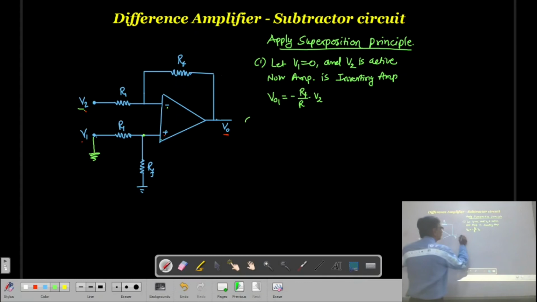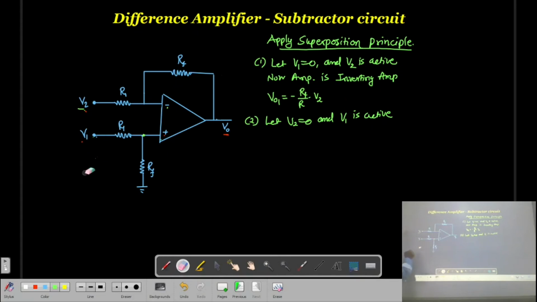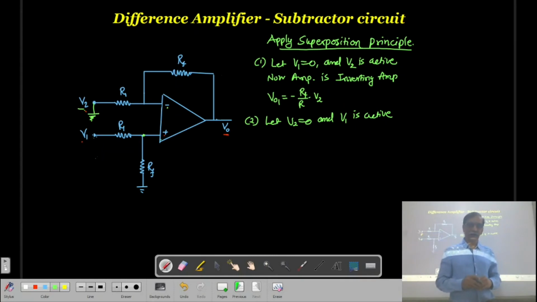Now let V2 be equal to 0 and V1 is active. Means what? Here, this is connected to the ground and V1 is active. So here if you look at this, then this is nothing but a non-inverting amplifier, with the potential at this point being VA. Correct?